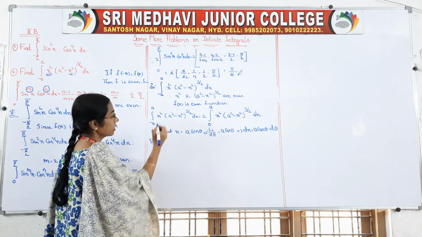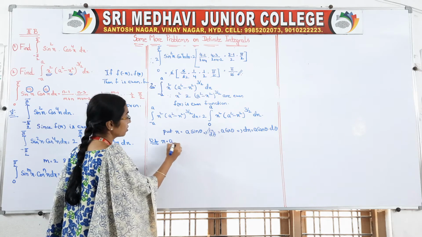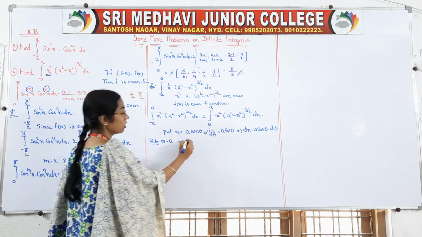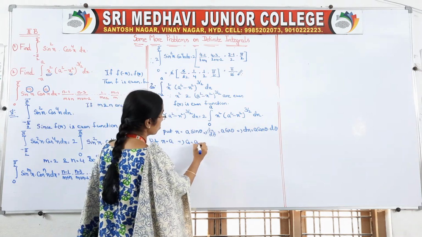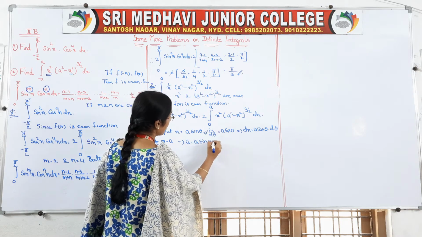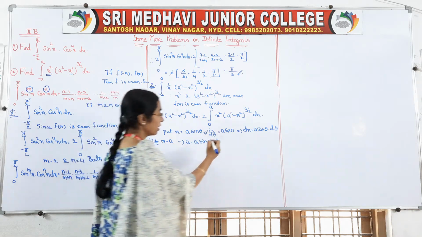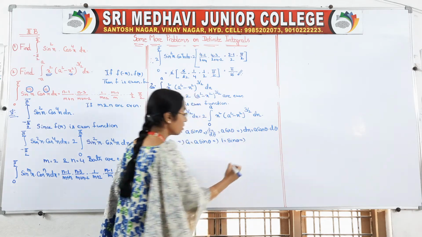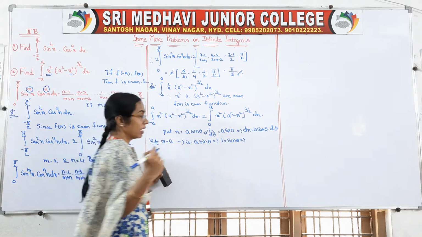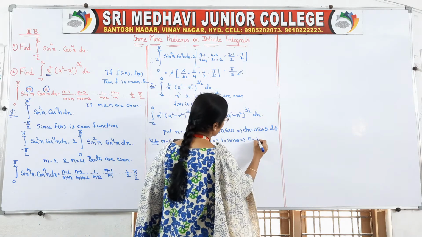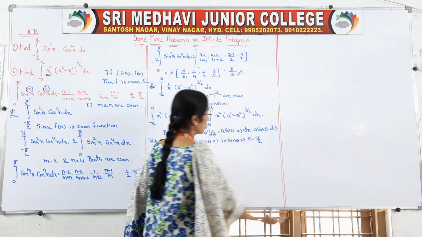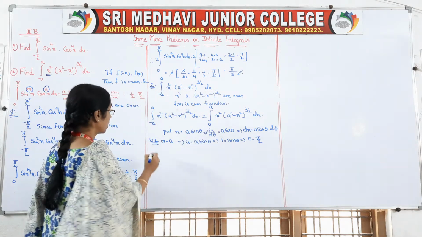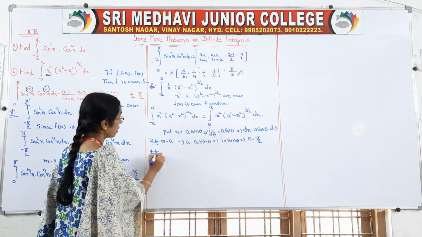Upper limit is given as x is equal to a. Substitute here. So a is equal to a sin theta. Implies a cancel, you will get 1 is equal to sin theta. Sine of which angle is equal to 1? 90. So theta is equal to pi by 2. Okay, so next you take lower limit.